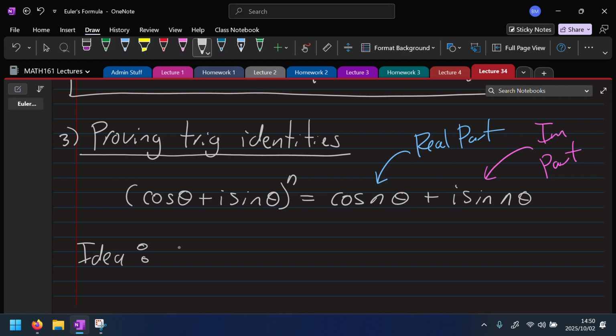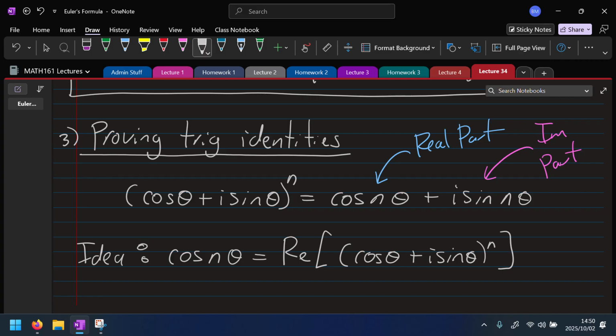Okay, so the idea is that cos n theta is equal to the real part. Remember, the real parts and the imaginary parts. We did that a while back. So that is the real part of cos theta plus i sine theta to the n.